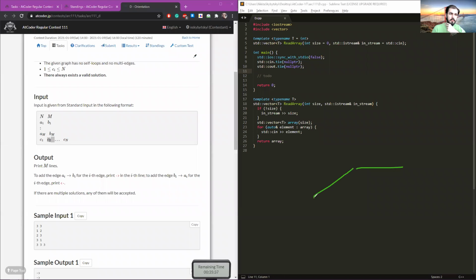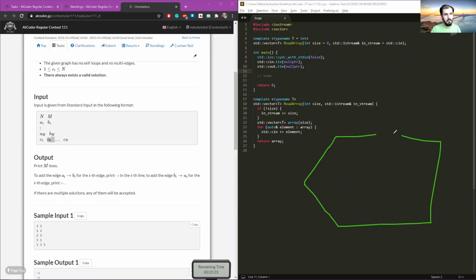Potentially we have some edges in between, like so, or like so. You would like to find this cycle, right? Let's see what actually happens. I think we can be unfortunate if we go the wrong way.